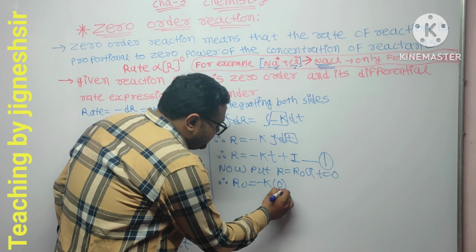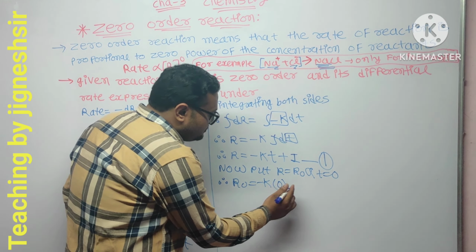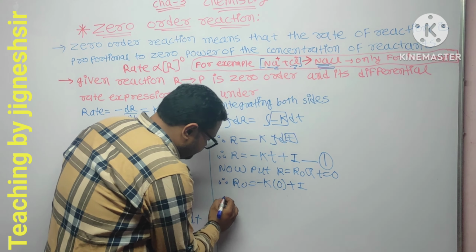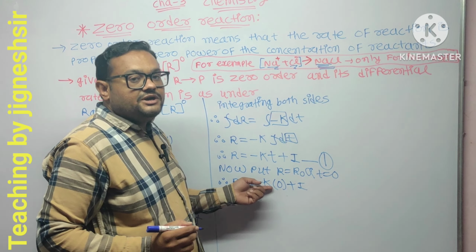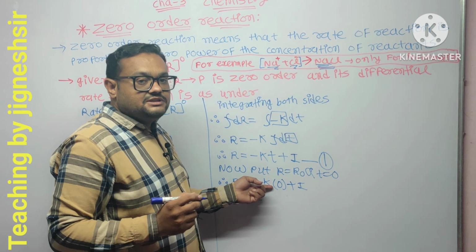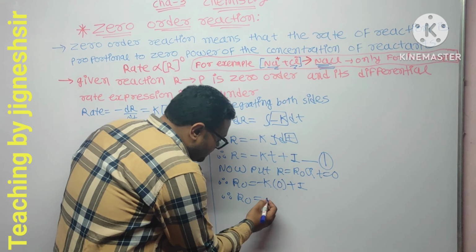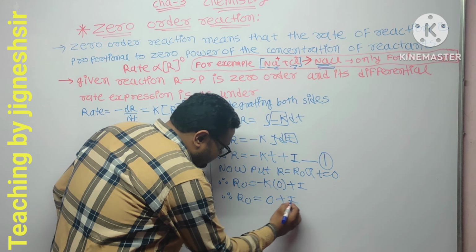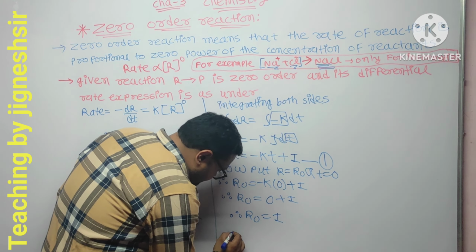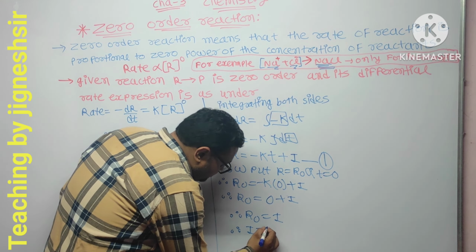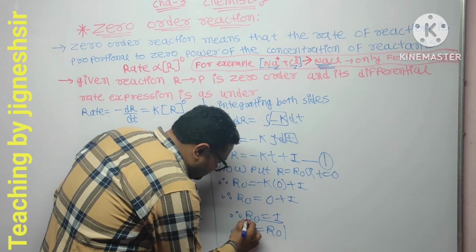Put the value of t as 0, plus I. When we multiply any digit with 0, it will become 0. Therefore R0 is equal to 0 plus I. Therefore R0 is equal to I, so I is equal to R0.